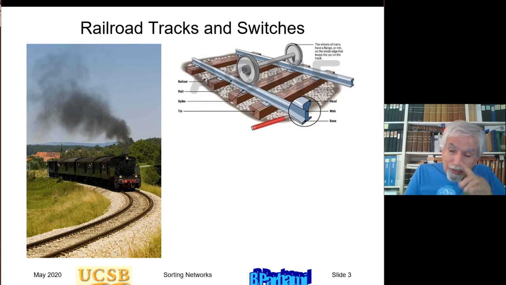The train tracks are made of steel, and the wheels of the engine and train cars are also made of steel. So they basically roll over the tracks, and they're held in place by some edge to the wheels that hold the wheels in place so that they don't slide off the track.